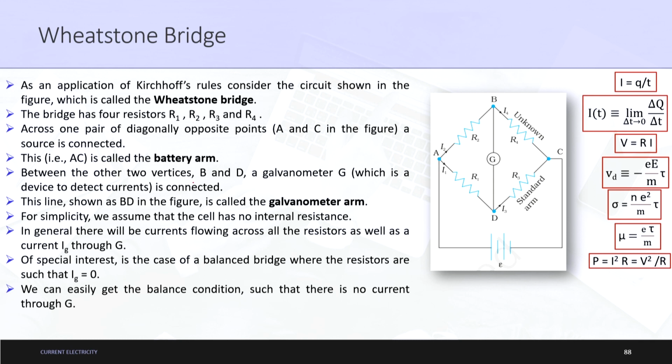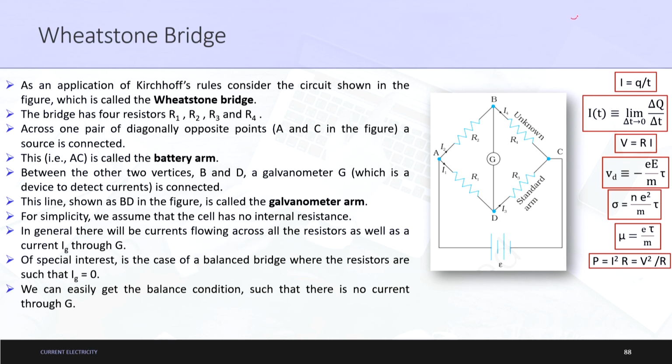Between the other two vertices, that is B and D, a galvanometer G, which is a device to detect currents, is connected. So, as you can see, the galvanometer is connected here. This line shown as BD in the figure is called the galvanometer arm. So, this is called the battery arm and this is called the galvanometer arm. For simplicity, we assume that the cell has no internal resistance.